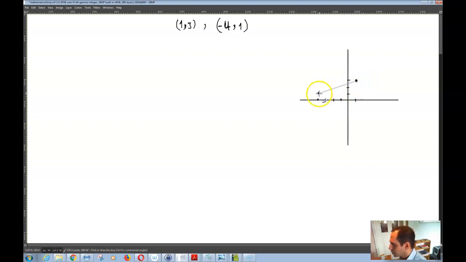So this is the hypotenuse of the triangle. Now, this is 1 comma 3, and this is negative 4 comma 1.